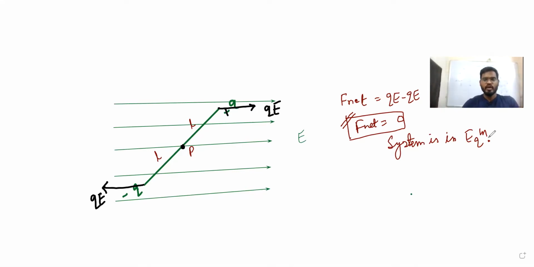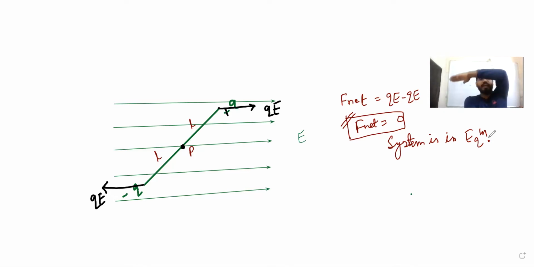When two equal and opposite forces are acting, but the line of action is not the same, then we can say it will experience a torque. Why is it not the same line of action? The first one is acting in this direction, the second one in this direction.